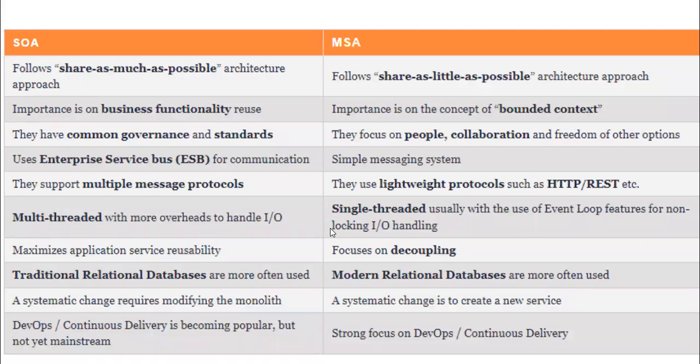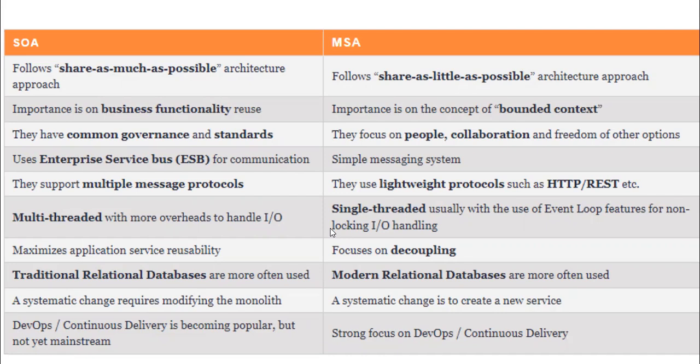Now, let's discuss the differences between SOA and microservices architecture. So, SOA follows a share-as-much-as-possible architecture approach, whereas microservices follows a share-as-little-as-possible architecture approach. In SOA, importance is on business functionality reuse, whereas in microservices, importance is on the concept of bounded context.